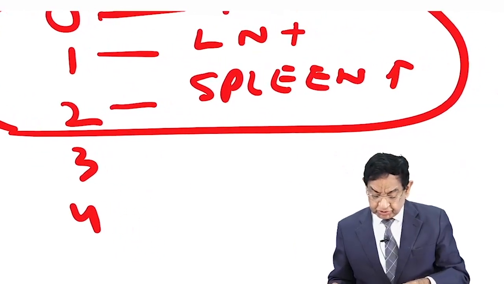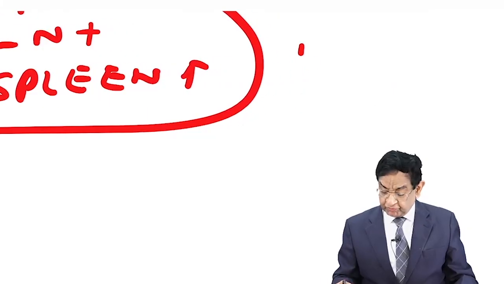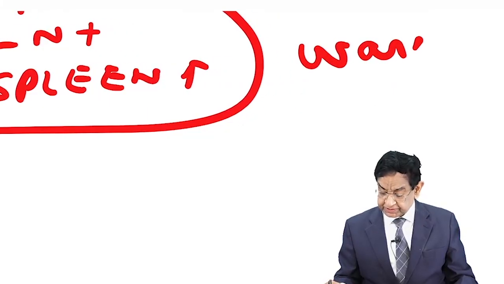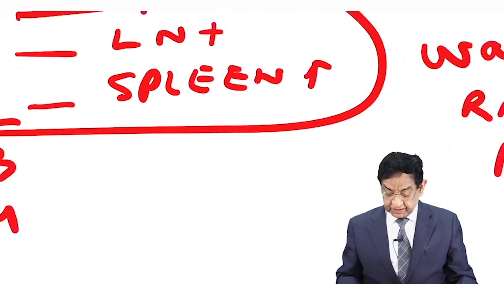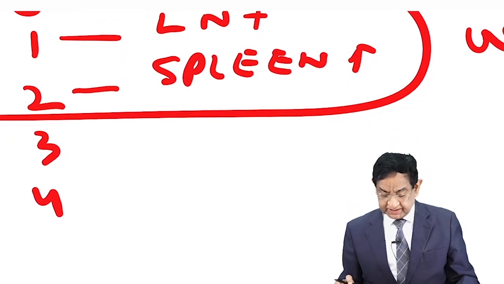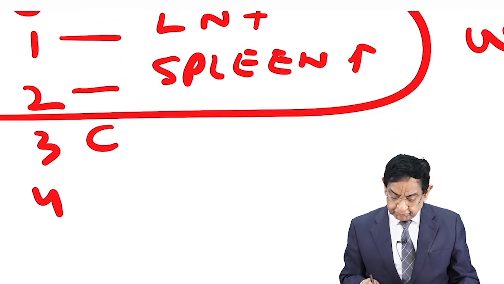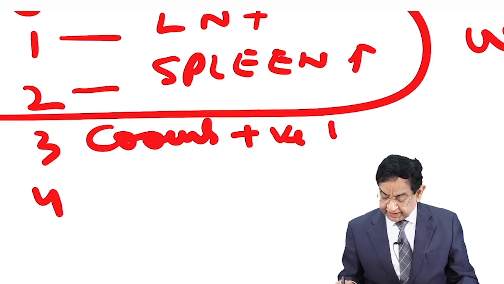But in due course of time, these patients develop warm autoantibodies against the RBCs and the platelets. If they have antibodies against the RBC, they will develop Coombs positive hemolytic anemia.